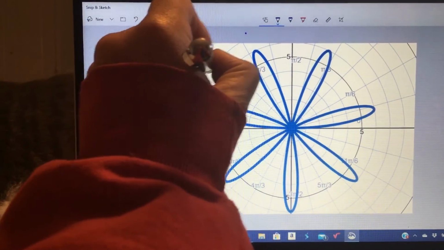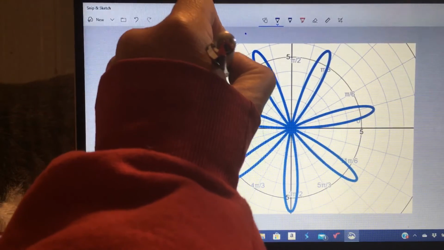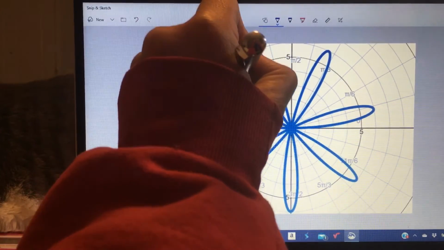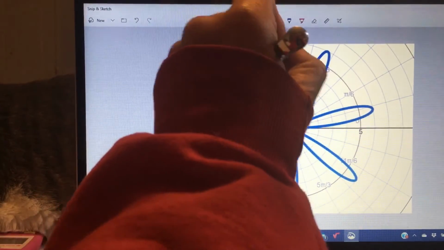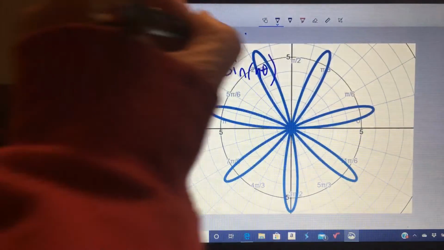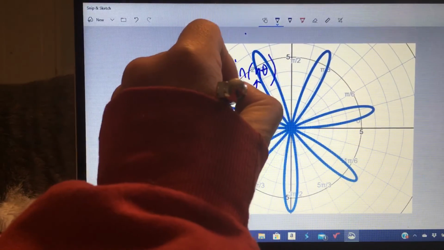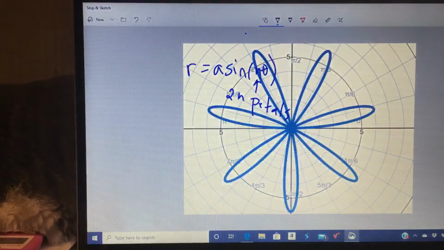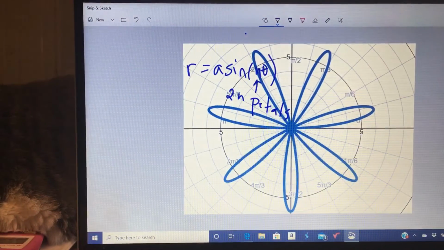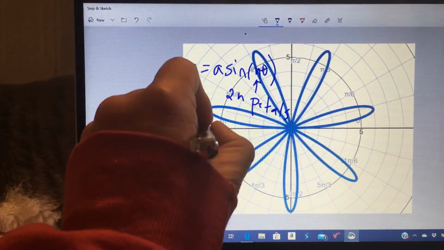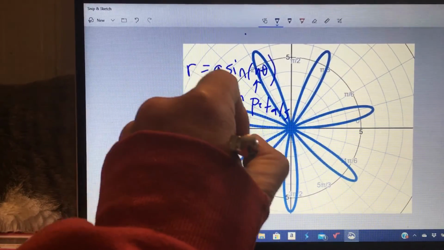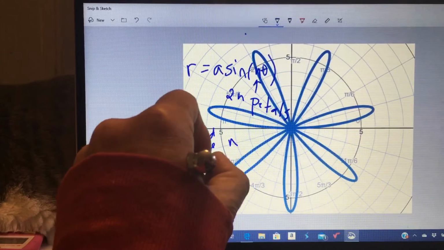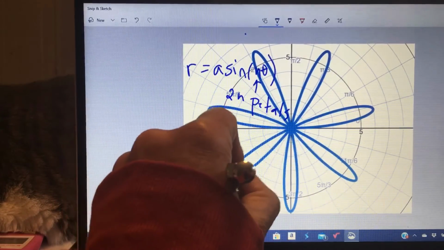Okay, so if you have a rose, r equals a sine n theta, the nice thing is there are always 2n petals, no matter what. Now, if n is odd, you only see n of them, and if it's even, you see all of them.